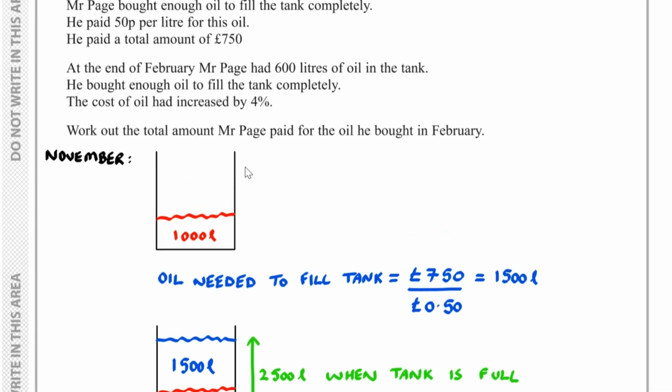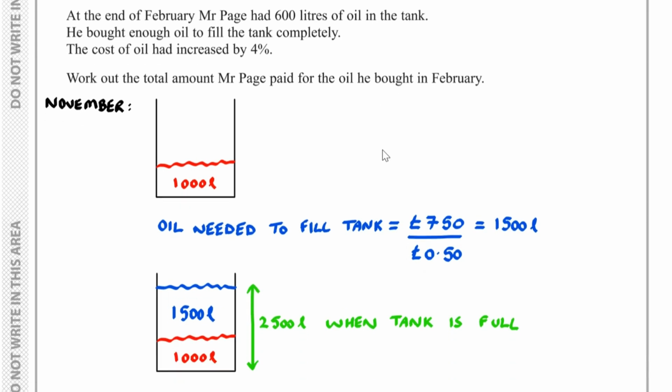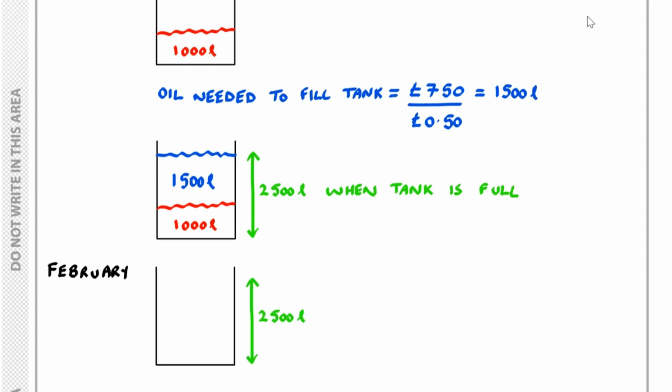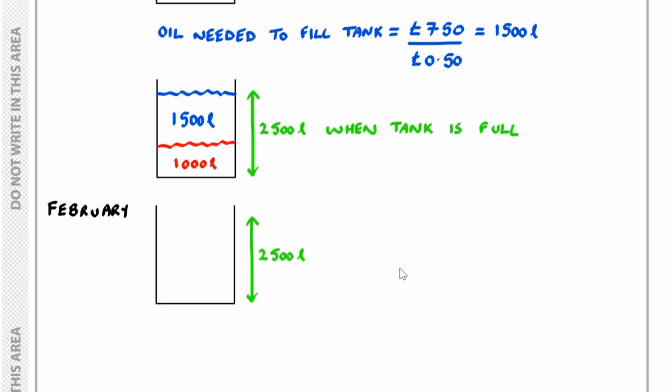Now, we know at the end of February there is 600 litres of oil left in the tank. So if we consider the situation for February, we've got this full tank, and what's left over is a tiny amount, 600 litres.